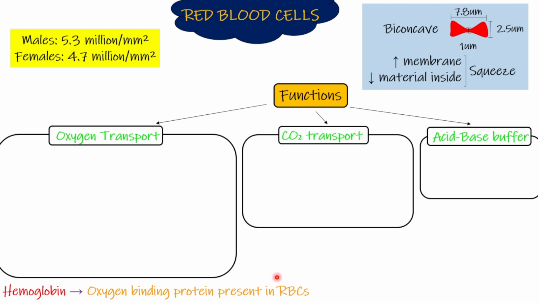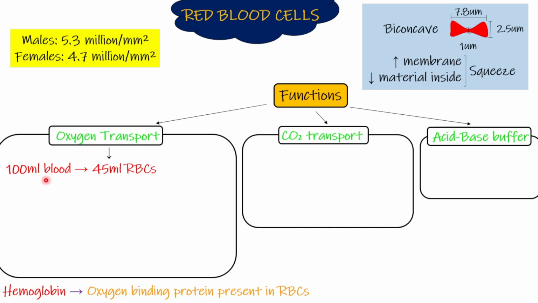Now let's discuss exactly how it carries the oxygen and what is the amount of oxygen carried in the RBCs by the hemoglobin. For this, we have to calculate the amount of oxygen carried by the RBCs. First of all, in 100 ml of blood, there are 45 ml of RBCs.